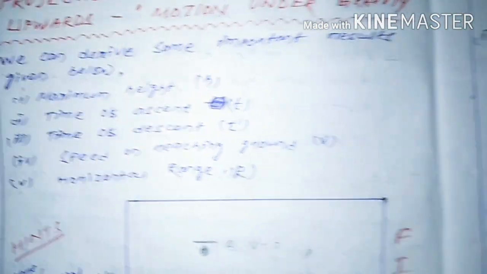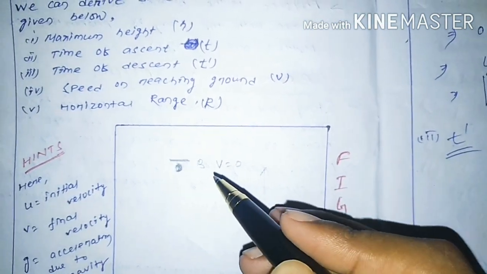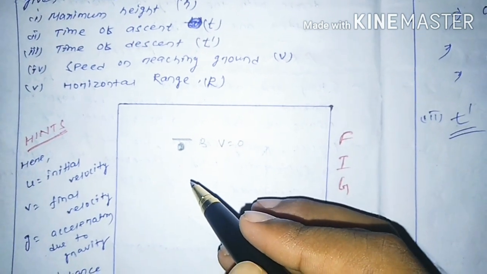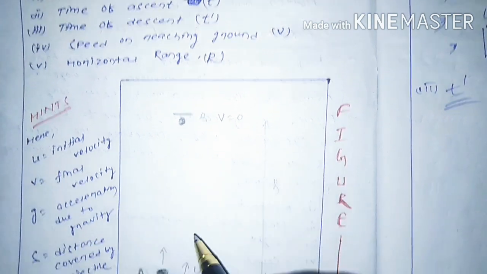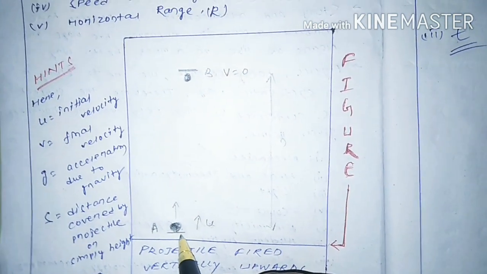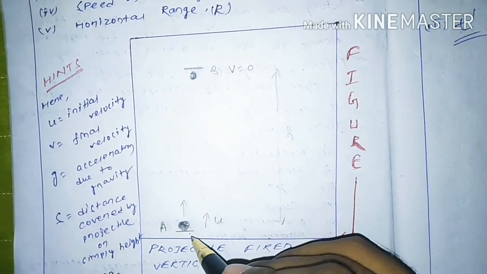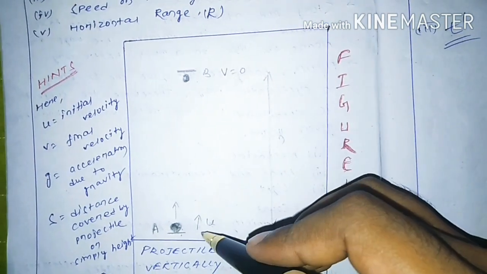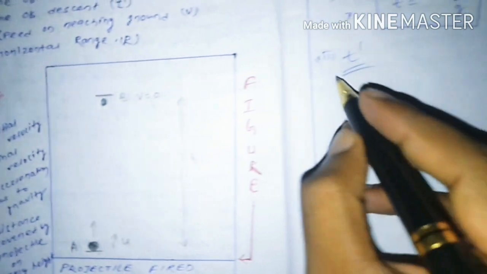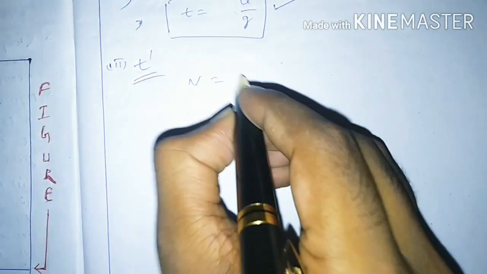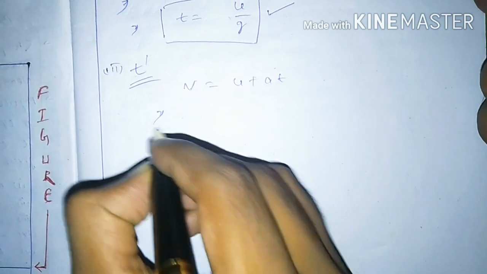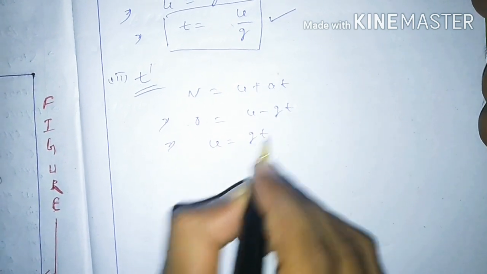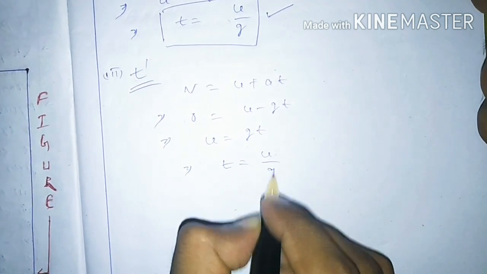Understood? So what do we mean by time of descent? The time of descent is the time taken by the projectile to come down from the highest point to the point of projection, where we projected the projectile. This is the highest point, and we calculate the time from B to A. We know that v equal to u plus at, or 0 equals u minus gt, u equal to gt, or t is equal to u by g.